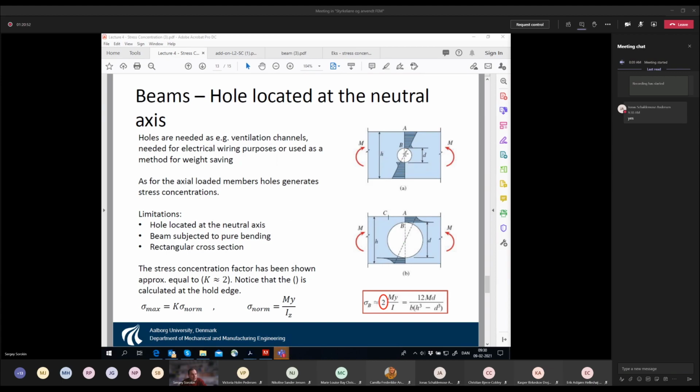If you come closer to the neutral axis, the stresses themselves become small, right? Because it's bending, and at the neutral axis the stresses are zero. So then you have this trade-off. If you make the hole smaller and smaller, you have an increase in the stresses due to concentration, but on the other hand the nominal stresses also reduce, because they are calculated closer and closer to the neutral axis.